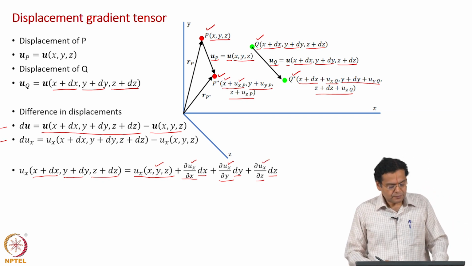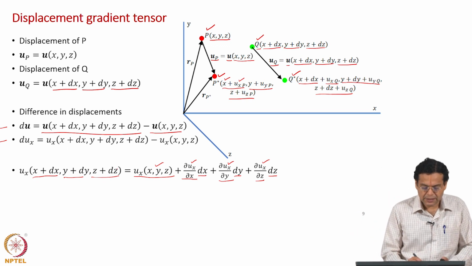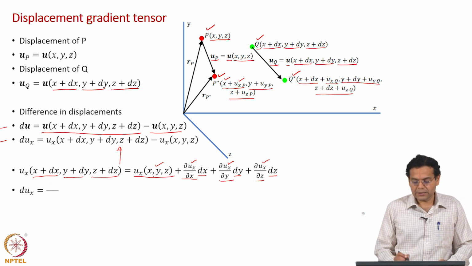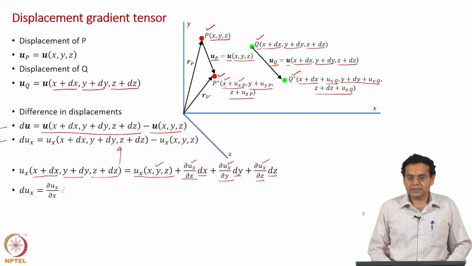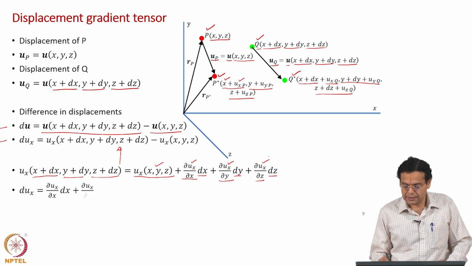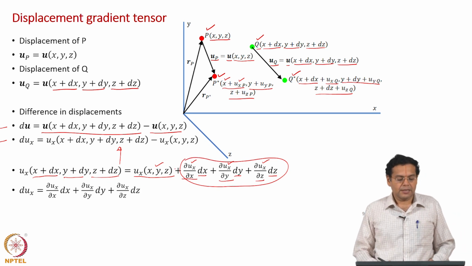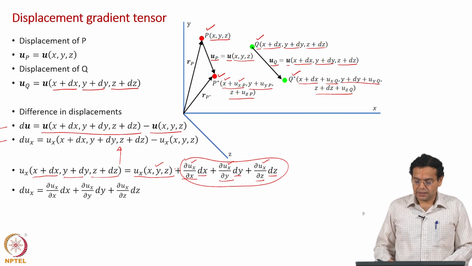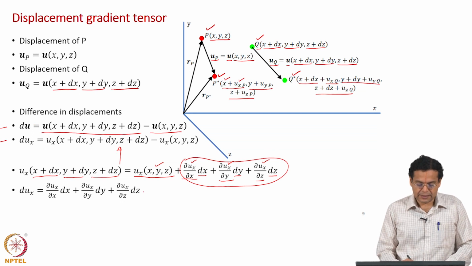Now, let us substitute this equation here, and what do we have? U x cancels out and only these derivatives remain. If you substitute in the earlier equation, u x cancels out and these 3 derivatives remain.